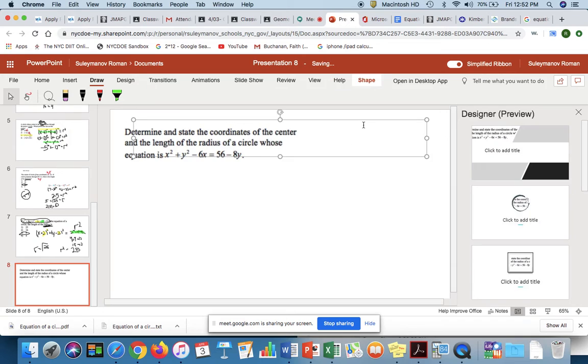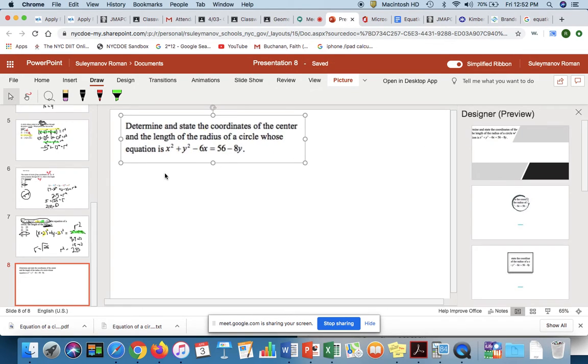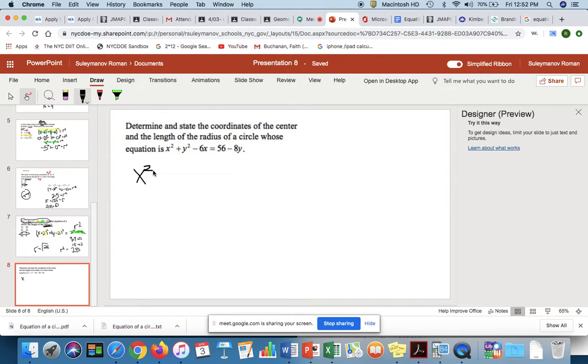So, two forms of mistakes. One mistake was not putting it in standard form. So what does that mean? That means we have x squared plus y squared minus 6x.